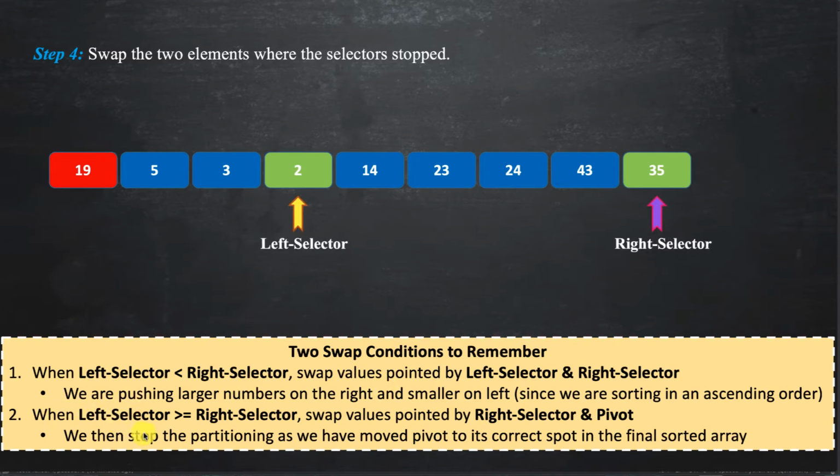The other case is when left selector is greater or equal to the right selector. In that case, we need to swap the value pointed by right selector and pivot. We'll talk about this second condition when that happens in this array. Right now, just remember this first condition where left selector is less than the right selector.